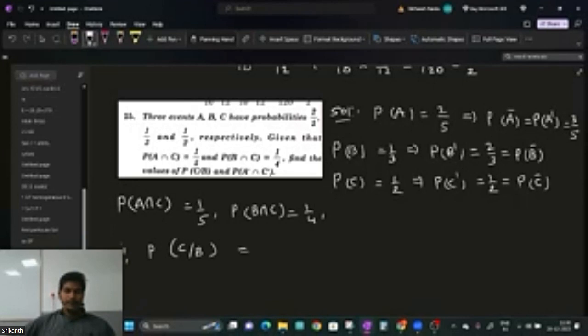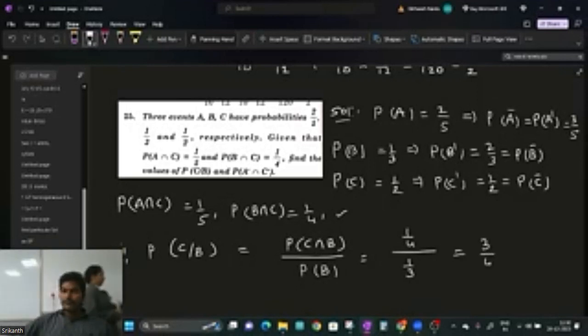Can you tell me the formula of this C by B? C intersection B, B intersection C, both are same. Yes, correct. By P of B. P of B intersection C is 1 by 4, by 1 by 3. P of B, look at here, is 1 by 3. So it will be 3 out of 4. This is the first question answer.